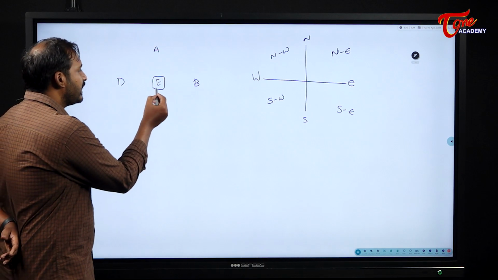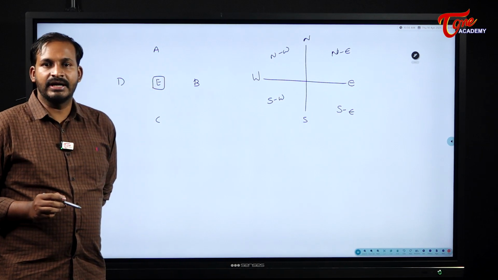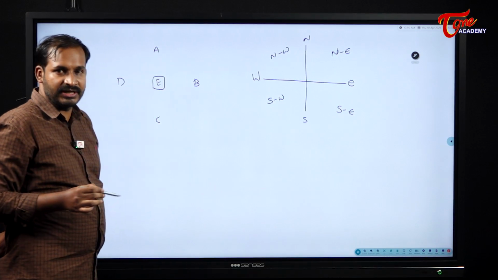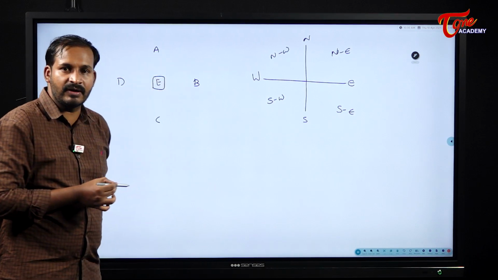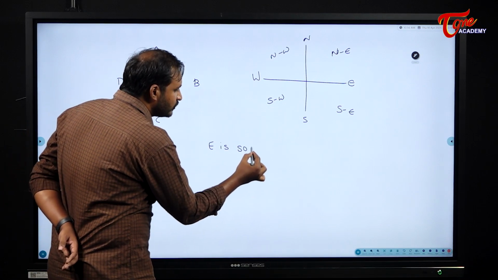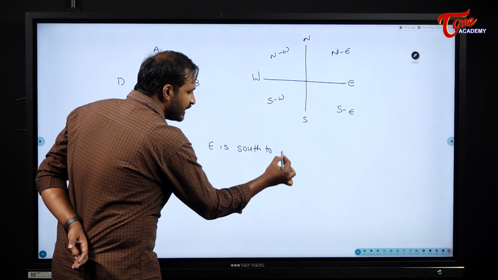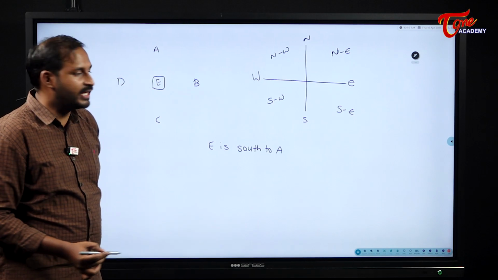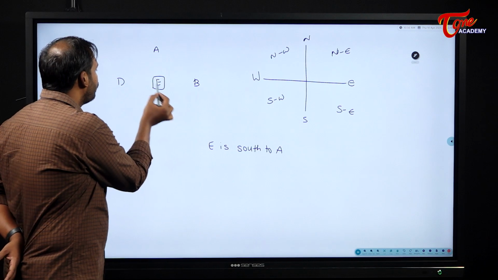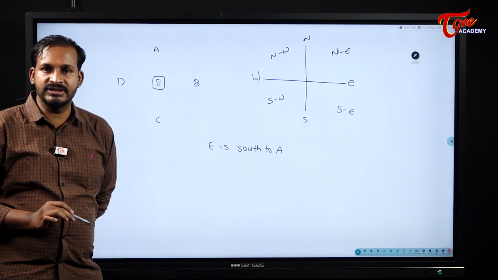When it comes to the position of E with respect to A, what is the position of E? E is south of A, right? E is in the southward direction of A. And next, with respect to D, what is the position of the same person E?